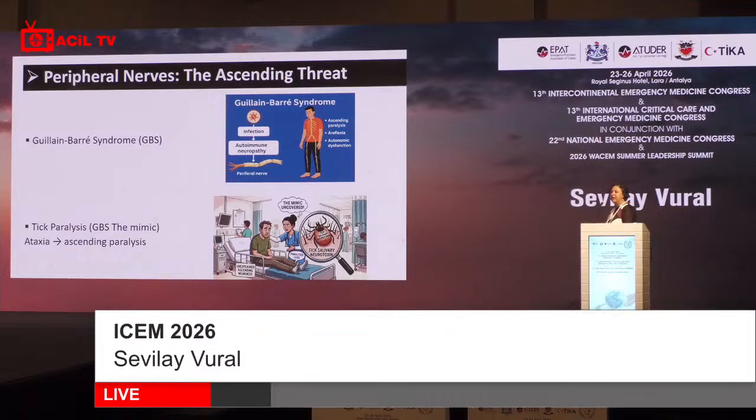It's not a very uncommon thing for them. And this tick's toxins cause a very similar type of paralysis, ascending paralysis, just like Guillain-Barré. So it's very possible to not be able to distinguish between these two entities.